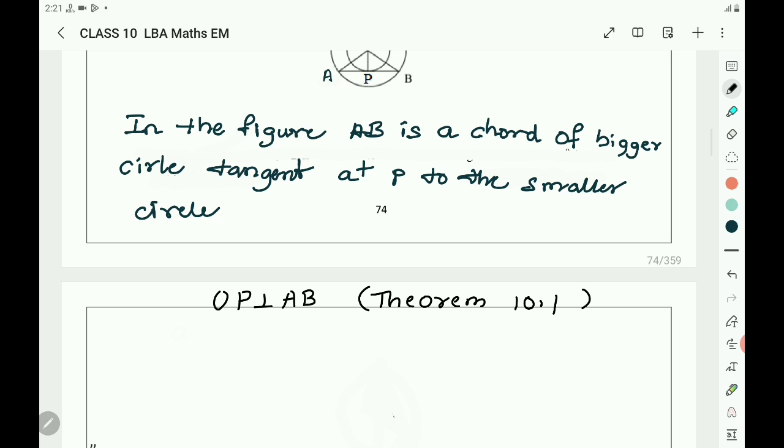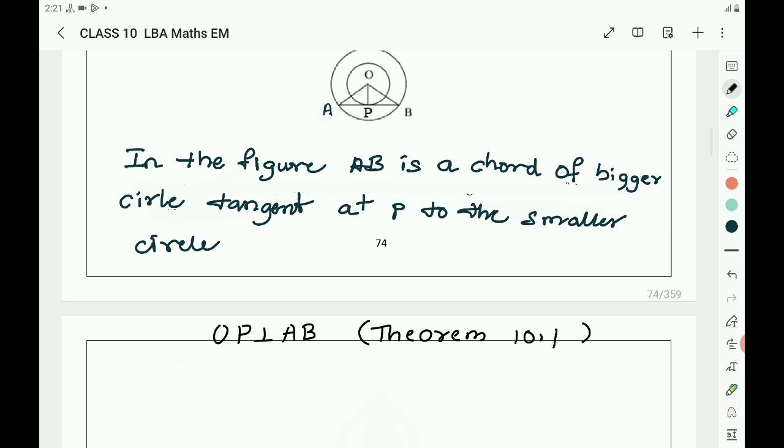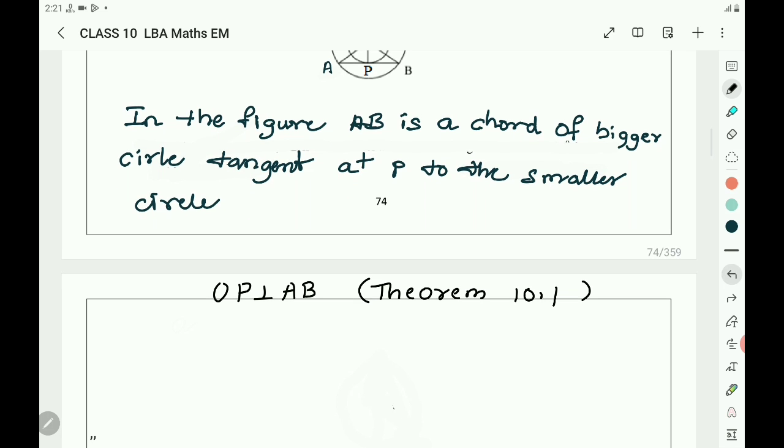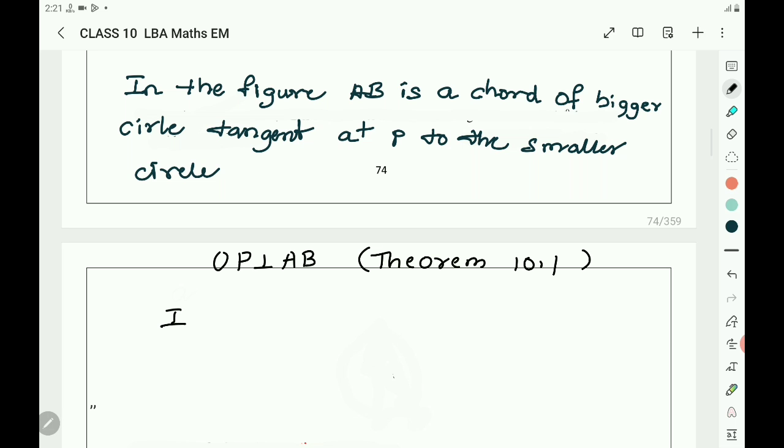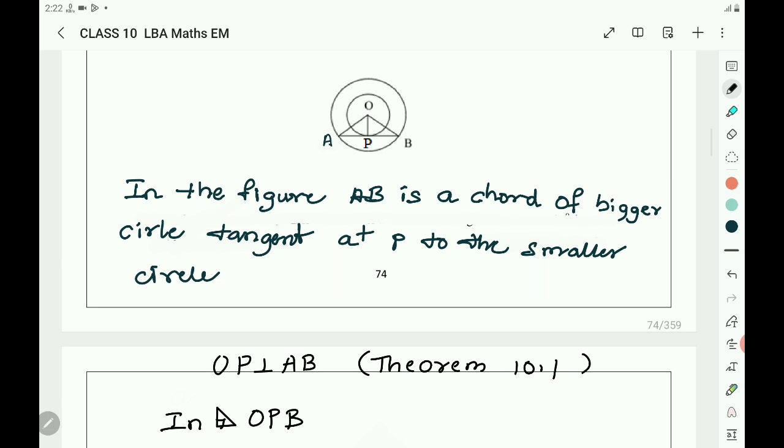And you know that the perpendicular drawn from the center to the chord bisects the chord. Then you take the triangle OPB. In the right angle triangle OPB, apply the Pythagoras theorem.